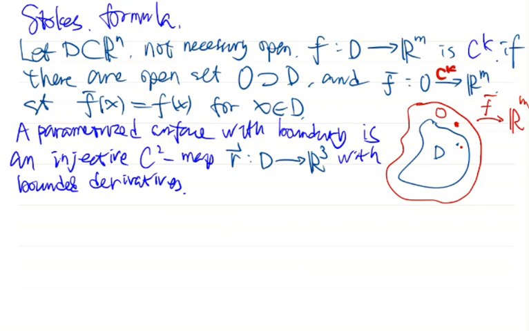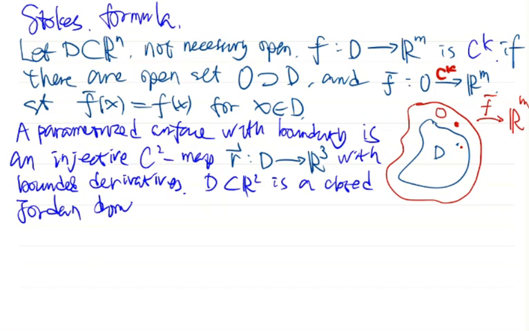Here, what's D? D is a closed Jordan domain with piecewise smooth boundary.